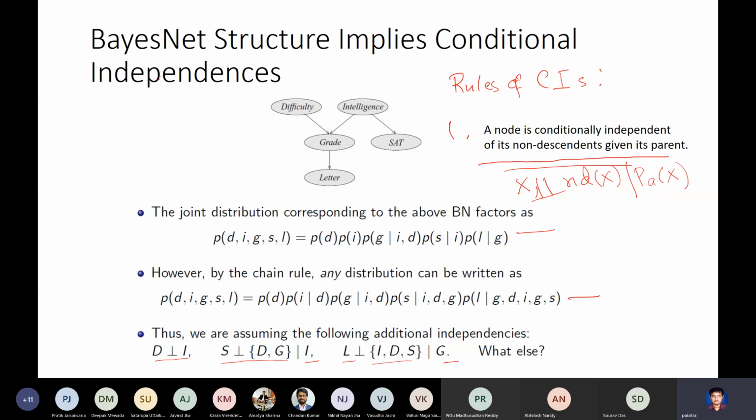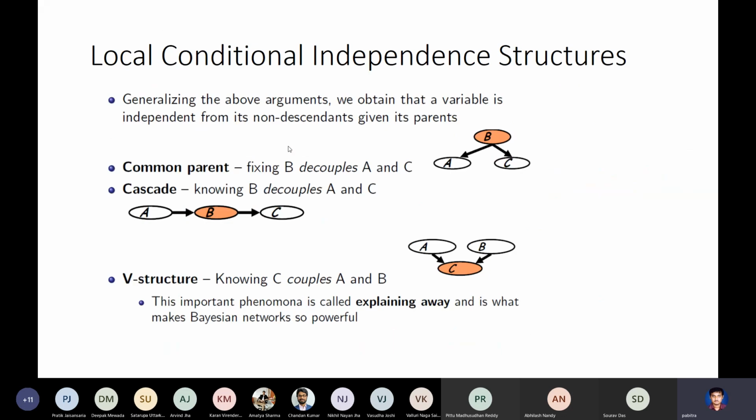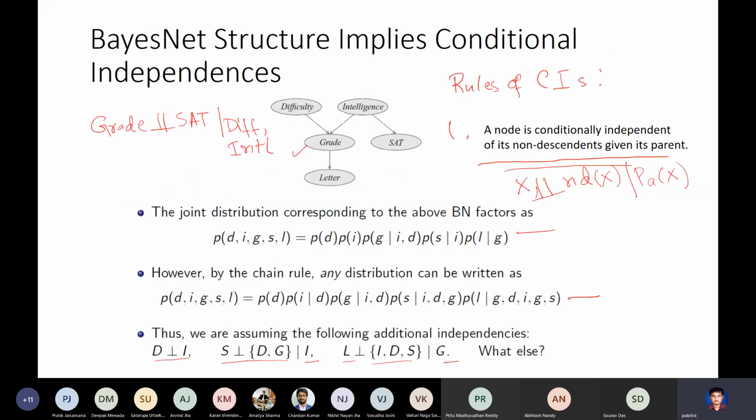Okay, so let's take an example here. Let's take the variable grade, and SAT is a non-descendant. So grade is independent of SAT given the parents, which are difficulty and intelligence.